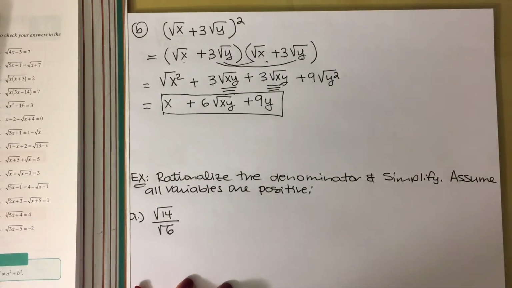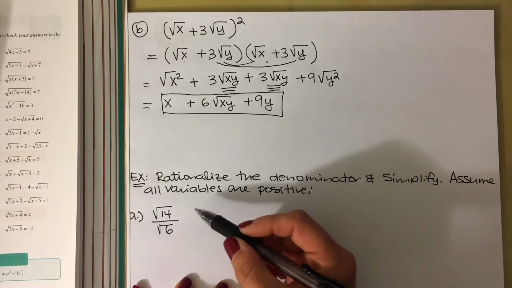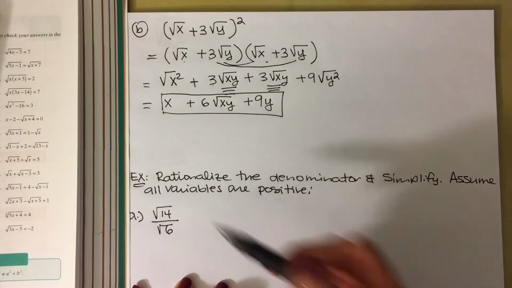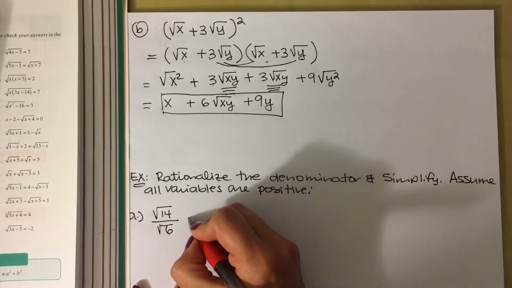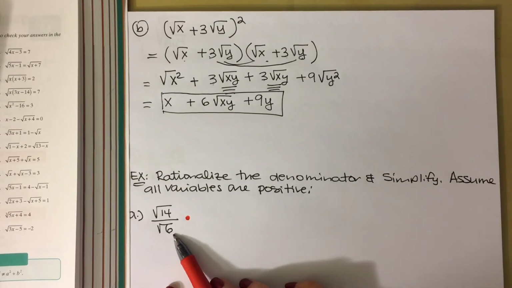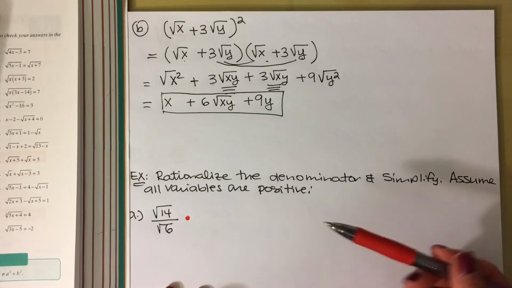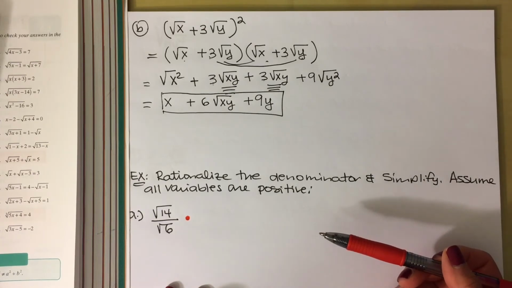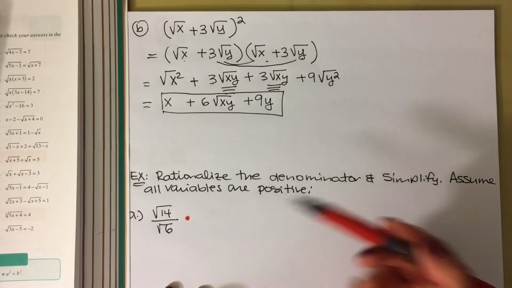Okay, there's a couple ways to simplify these and to rationalize. One thing that we can do is take a look at this denominator and ask yourself: square root of 6 is not a perfect square. However, we can multiply by a factor of 1, so we don't change the value.